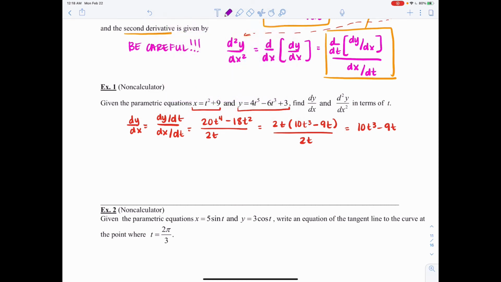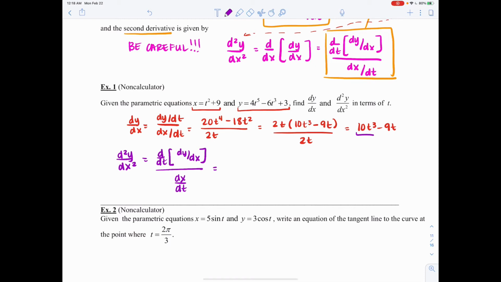But pay attention to this one. If I want to find the second derivative, I need to take the derivative of the first derivative, and I'm going to divide it by dx dt again. So what will I do?